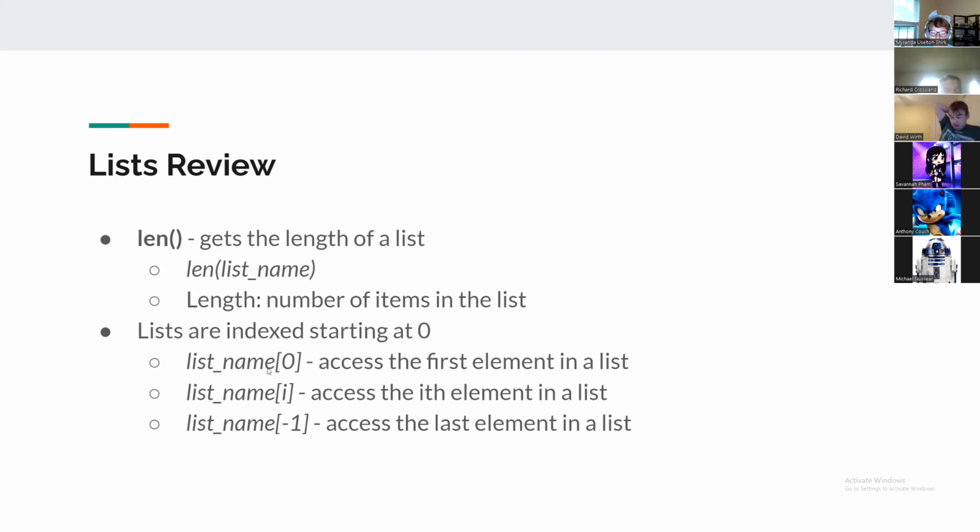I have this general one, list name i, where I'm using i as a placeholder for any number that is part of the range of the list index, so 0 to the length minus 1. You can access that element just by putting the number there.